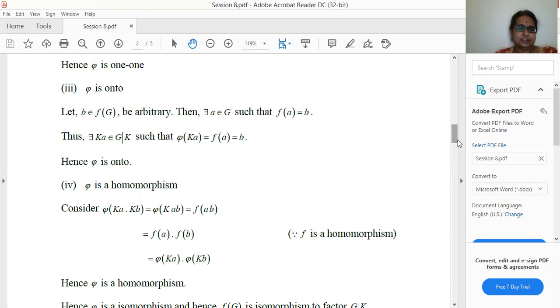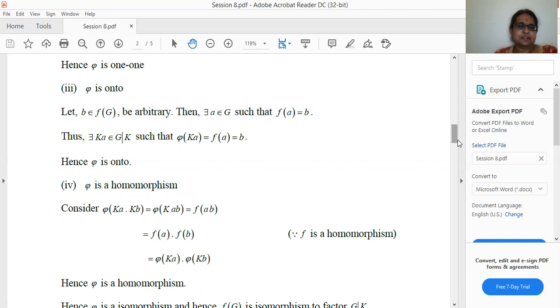Now, to show it is an isomorphism, we have to show that phi is a homomorphism. So consider two elements of G by K, that is Ka and Kb. Consider phi of Ka dot Kb. Ka, Kb are two cosets. The product of two cosets Ka dot Kb is nothing but Kab. So phi of Ka dot Kb is equal to phi of Kab, and that is equal to F of AB.